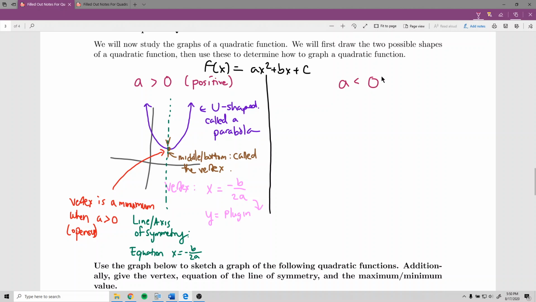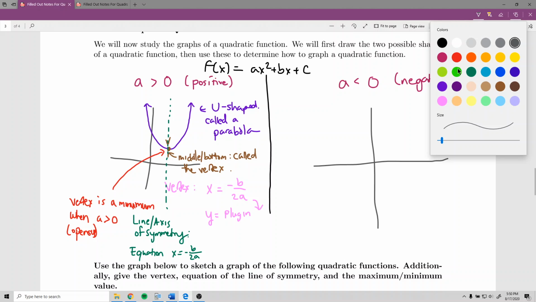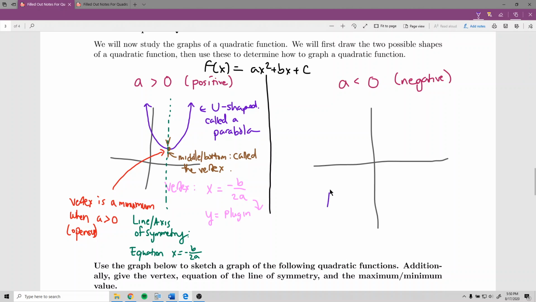So when a is negative, when a is less than 0, the picture is pretty much the same, it's just flipped. We haven't specified anything about what A, B, and C are, so I'm just drawing a generic shape. It's an upside down U. It's still called a parabola, it opens down instead of up.